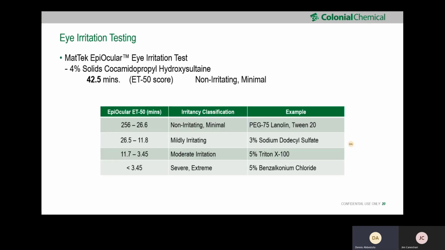This is what the bands for that testing look like. The time to get the 50% inhibition is measured. Longer time means less irritating.